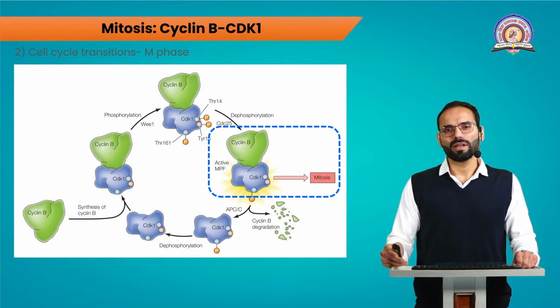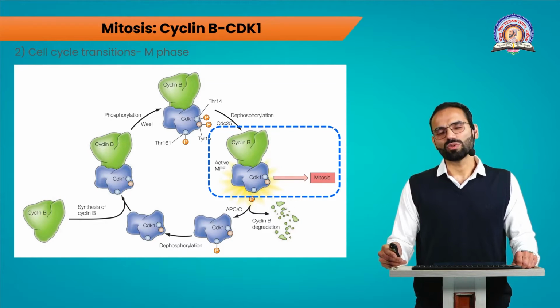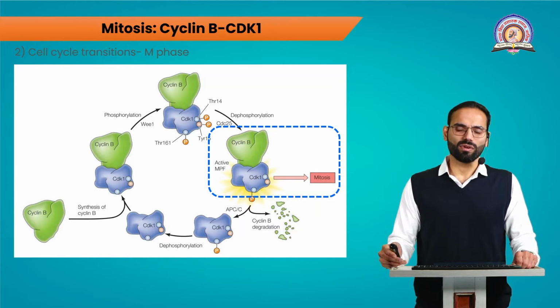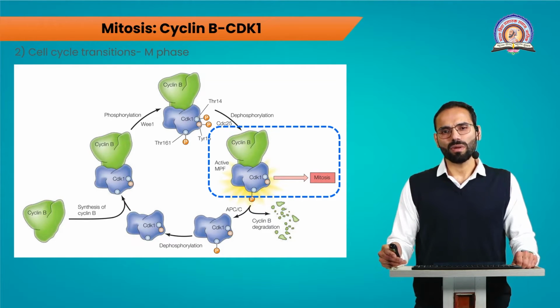Once this gets activated, it carries out a variety of processes which are important to initiate as well as to complete the mitotic process. During metaphase, this cyclin B is targeted by the anaphase promoting complex. This anaphase promoting complex is a ubiquitin ligase which ubiquitinates cyclin B residues, and that results in the degradation of these proteins.